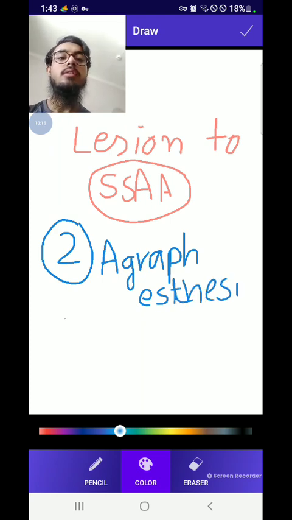Agraphesthesia. Agraphesthesia is the condition when the patient cannot recognize the number. With closed eyes, I write any number on the patient's hand, and the patient cannot recognize that number. So what is the condition? Agraphesthesia. So this is the second lesion.